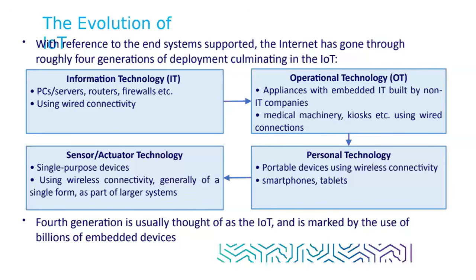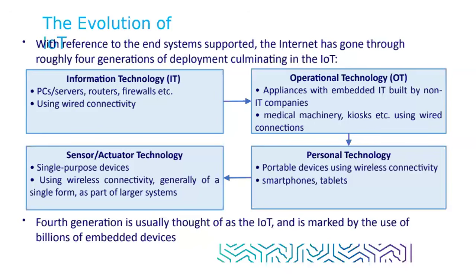The evolution of IoT is based on four generations of deployment, starting with information technology, operational technology, personal technology, and the sensor actuator technology. The internet did not become IoT overnight. It evolved gradually through the four generations. Each generation introduced new types of connected devices and all.